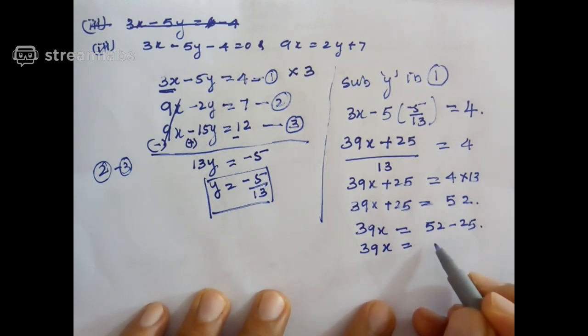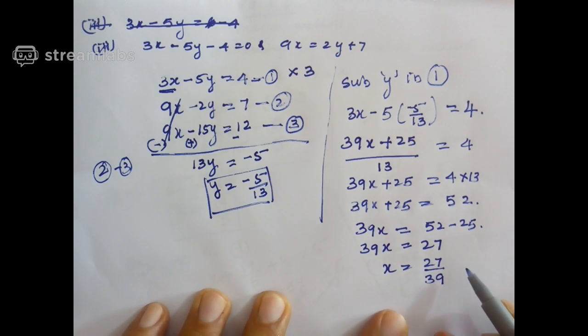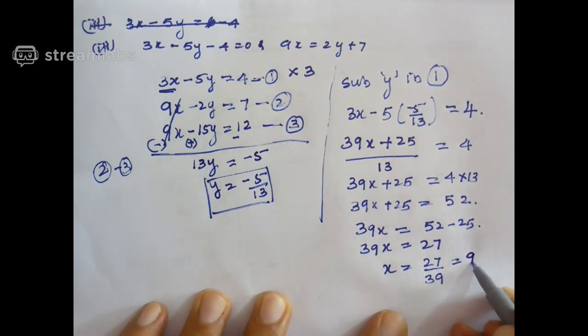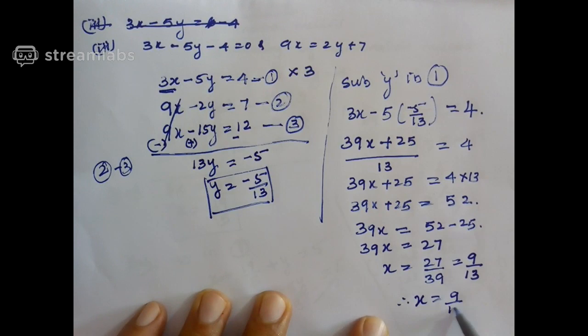Isn't it? So what is x? It is 27 by 39. What is 27 by 39? 3 9s are 27, 3 13s are 39. Therefore, x is 9 by 13. This is the value.